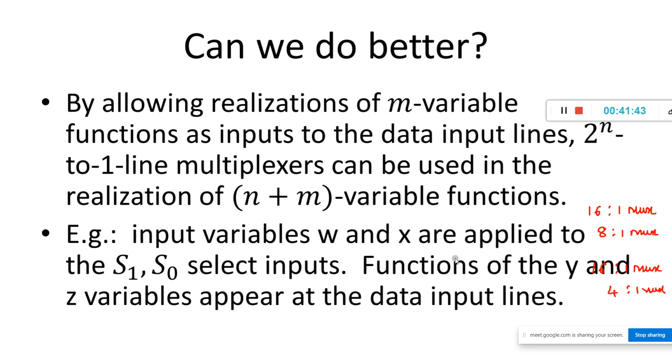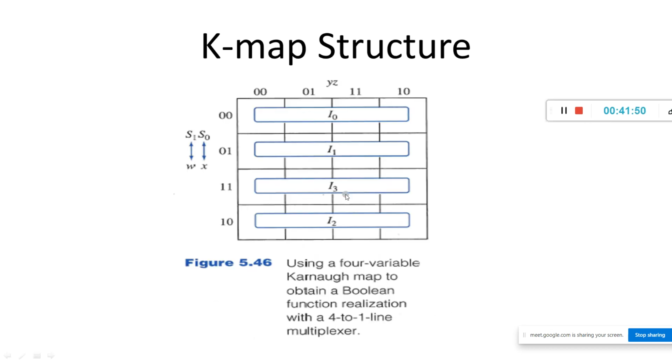So W and X are applied to the select lines. Y, Z are K-map variables on the data input lines. So how do we do that? With S1 S0 as WX. When WX is 0 0, the select lines are 0 0. WX S1 S0: 0 0, 0 1, 1 0, 1 1. So this is I0, this is I1, this is I2, this is I3.